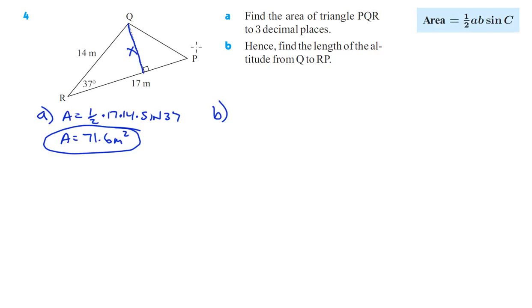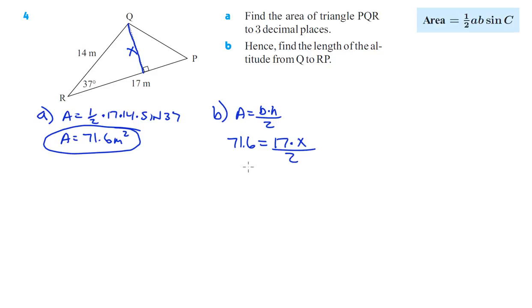So what we can do is use our good old everyday area formula for a triangle, which is area equals base times height divided by 2, right? Since we know the area already, we can say the area is 71.6 equals the base, which in this case is 17, times the height, which is what we're looking for. So instead of h, let's put in x, all divided by 2.